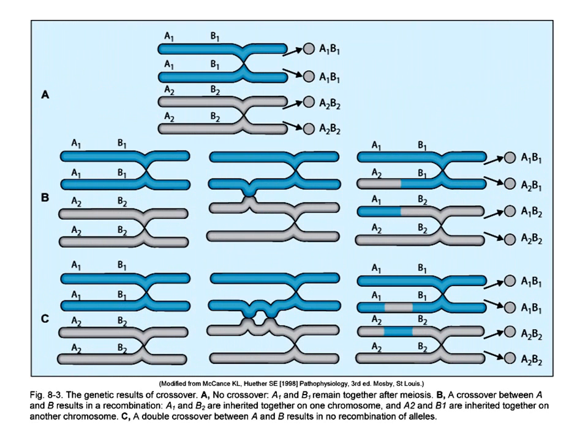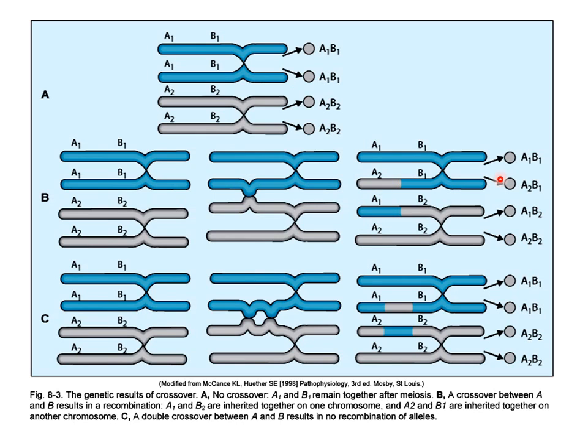This figure gives you a nice little summary of some very simple crossover things that can happen. If you look at A up on the top, you can see that there was no recombination between them, so they are inherited as A1B1 or A2B2. Now in part B, however, we have some crossover events that occur here so that you exchange A1 and A2.